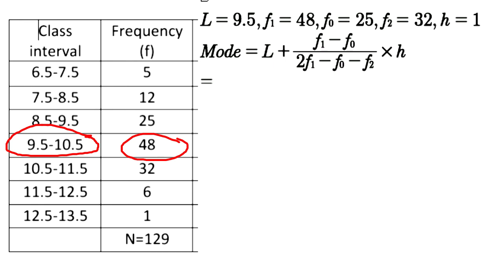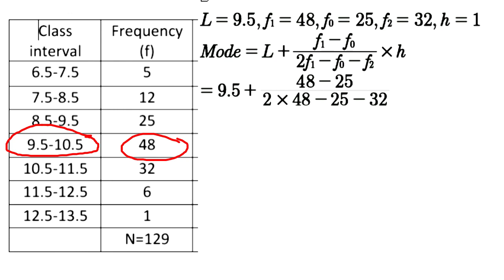So we have all the values for the formula. Now you will substitute the values into the formula. Mode equal to 9.5 plus, F1 value equal to 48 minus F0 value equal to 25, divided by 2 into 48 minus 25 minus 32, into 1.